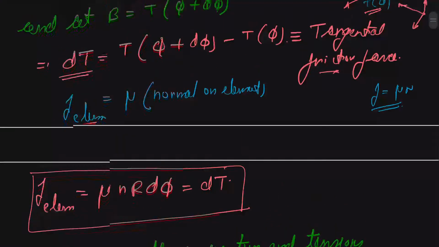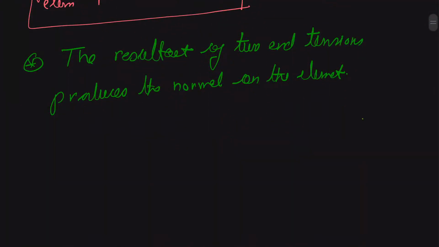Basically, let me draw it once again here. We have two end tensions, T of phi and T of phi plus d of phi, and their direction is approximately like this. So their resultant will be somewhere here. So this is our T resultant, and the direction of the normal is the same. So the tension resultant produces the normal on the element. This is one of the key concepts in this particular question.